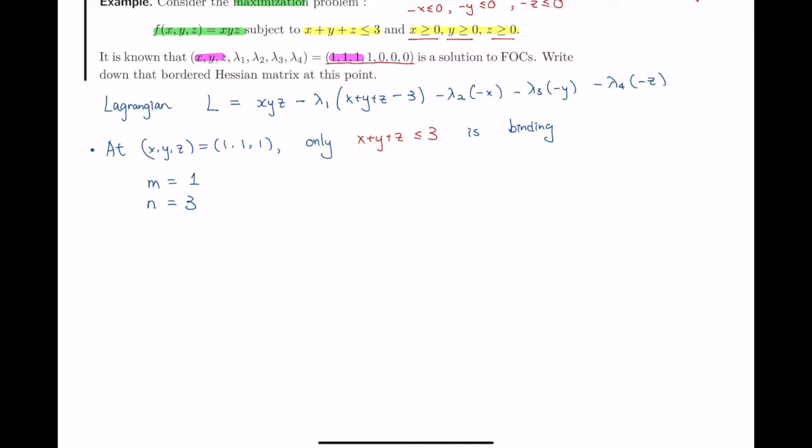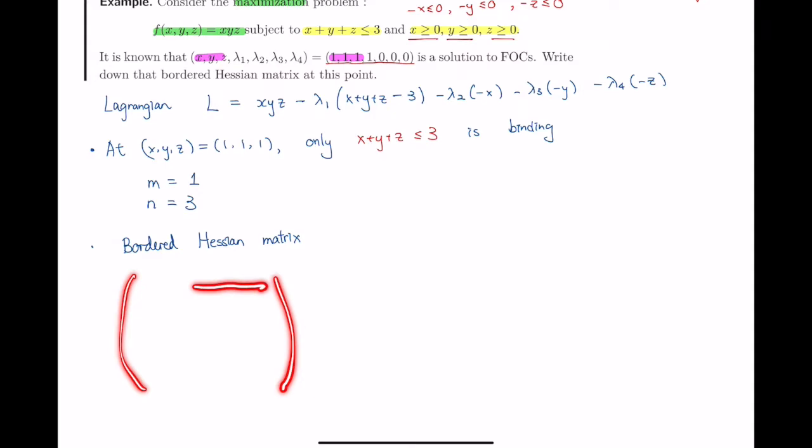So let us write down the bordered Hessian matrix. Because only one inequality constraint is binding, when we form the matrix, only one gradient vector needs to be put here.